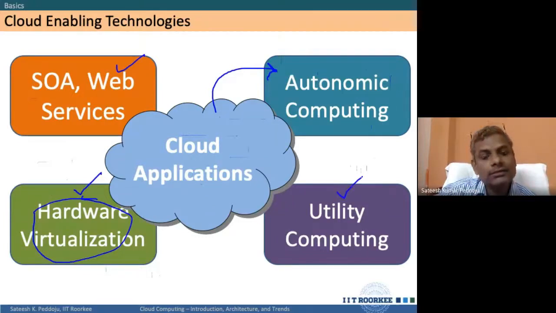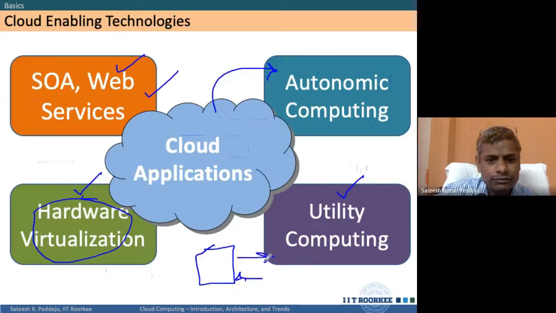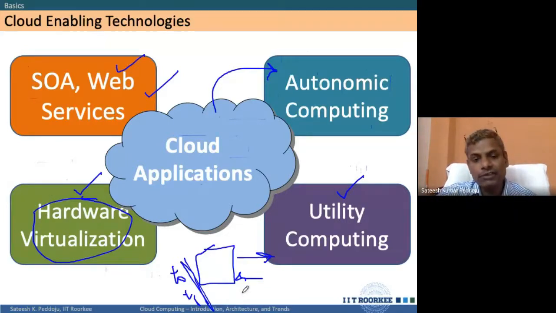And ultimately, since it is a service-oriented system, when you use the service and return it, for some period of time, from T0 to T1, you are using that resource. For this period, your usage must be metered, like your electricity meter, water meter, or gas meter.